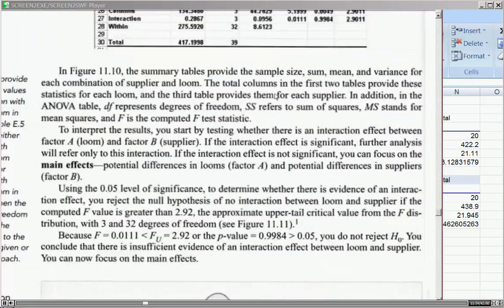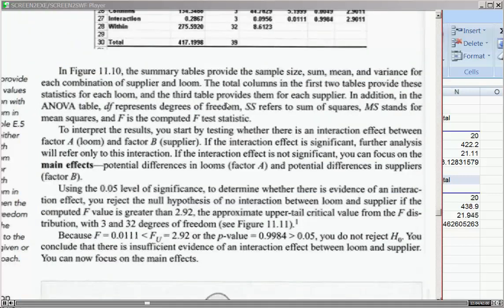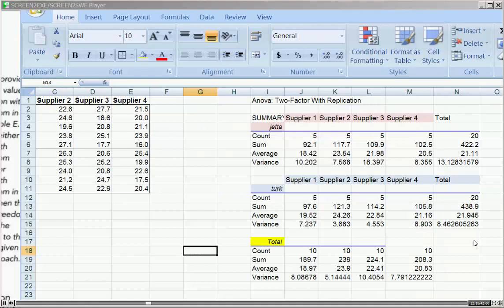The total columns in the first two tables provide these statistics for each loom, and the third table, this one right here, the third table provides them for each supplier. You can see that from the counts here.